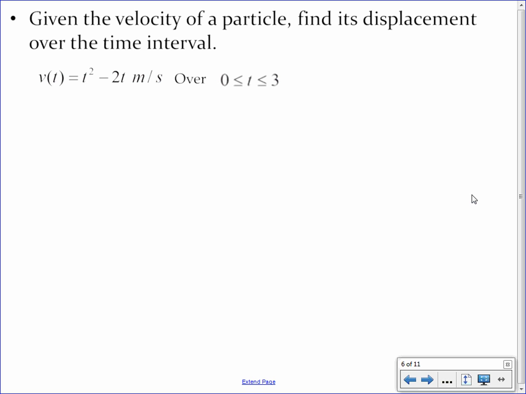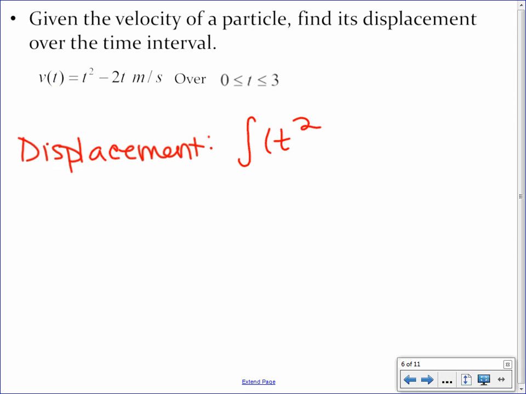So our displacement is simply the integral of t squared minus 2t dt from 0 to 3. We don't need our calculators to integrate this one, do we?